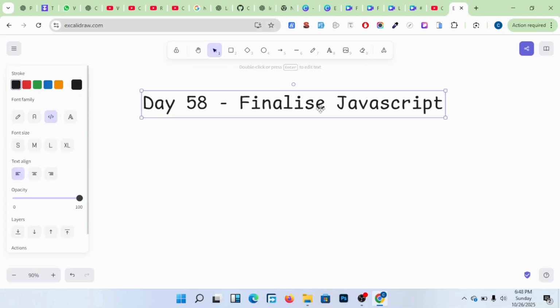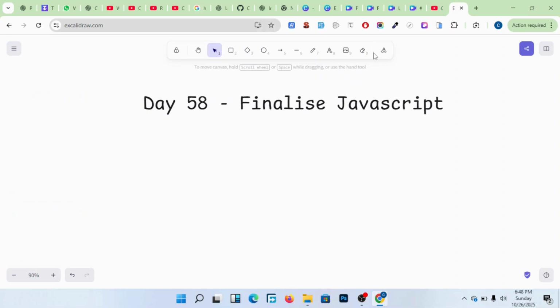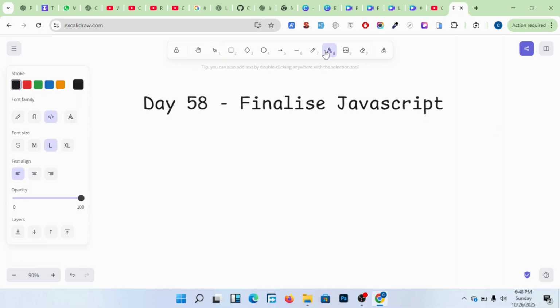Before we move on, let me just talk about what we covered yesterday. Yesterday was day 57, and we talked about data attributes. It's a very vast concept, and it's very crucial.